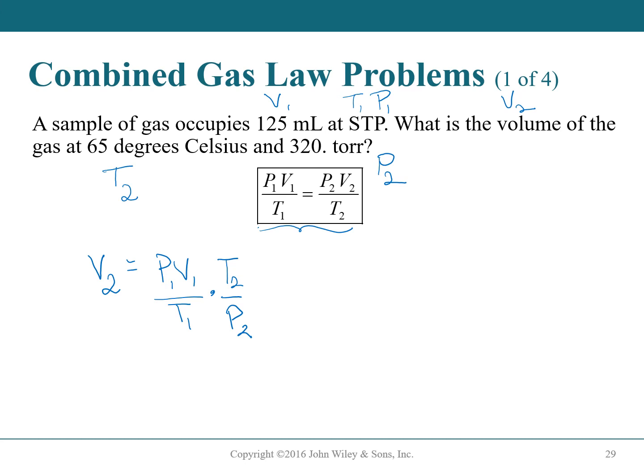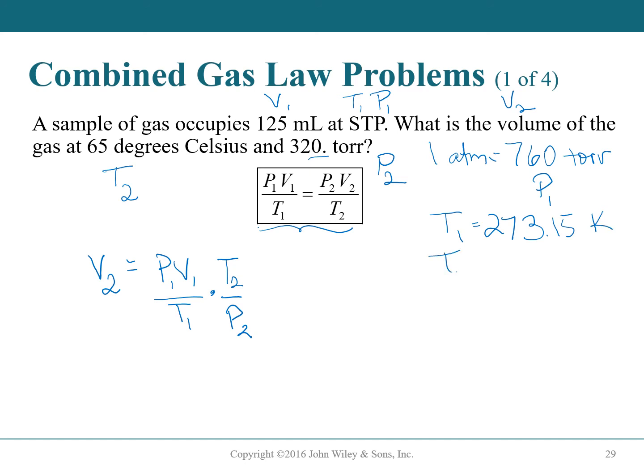Before we put in our numbers and do the calculation, we have STP, and we know that 1 atmosphere, that's the definition, is 760 millimeters mercury, or 760 torr. So that's our conversion. Now we know what P1 is. The reason we're doing this is because P2 is in torr, so we want the same units. Temperature, we know T1 is defined to be 273 Kelvin, or if you want, 273.15 Kelvin.